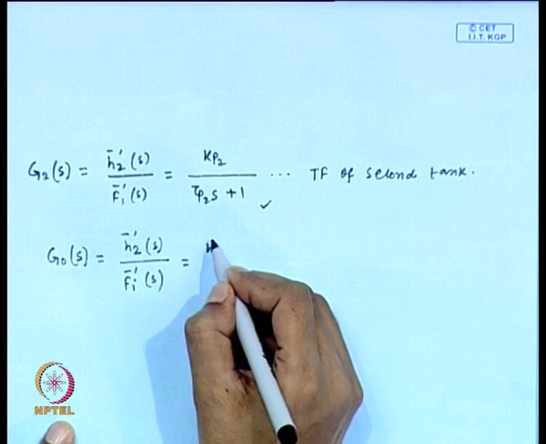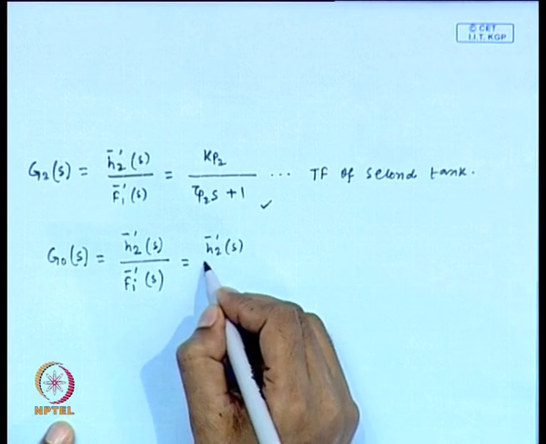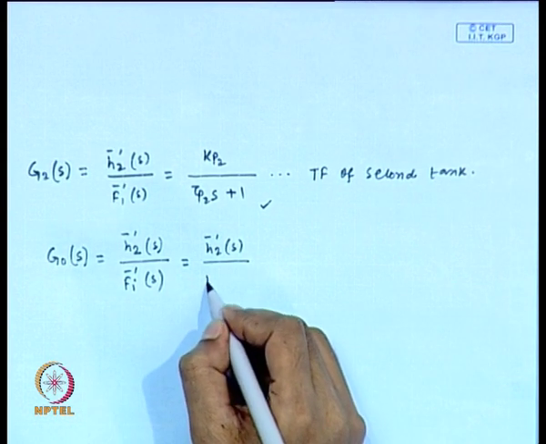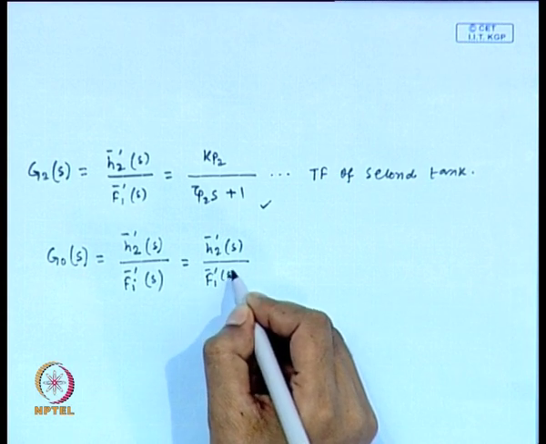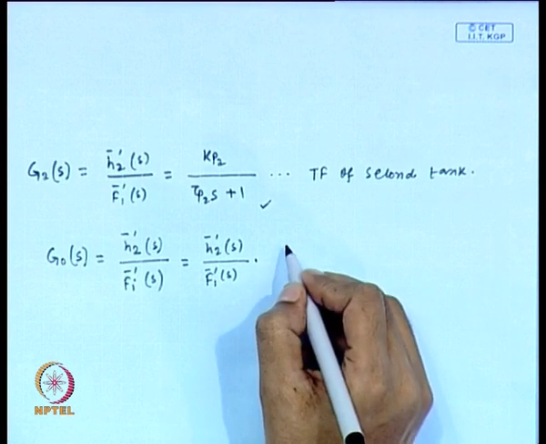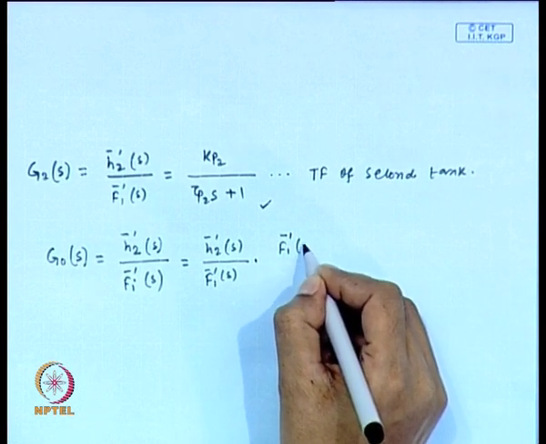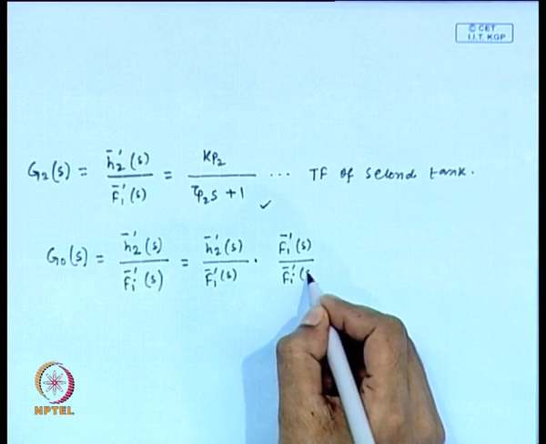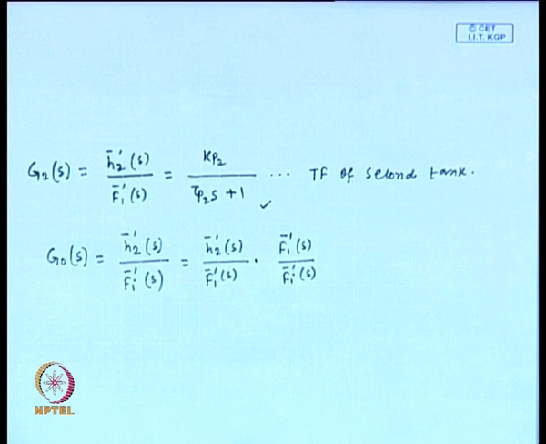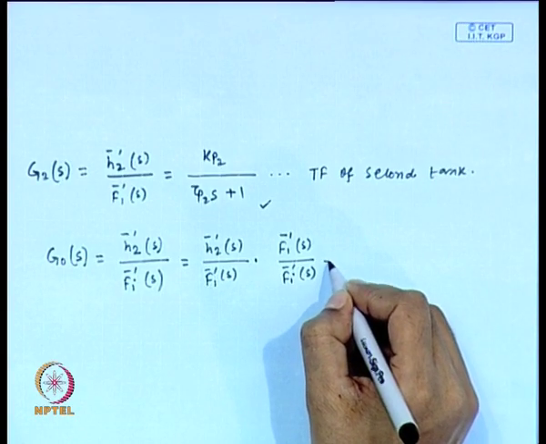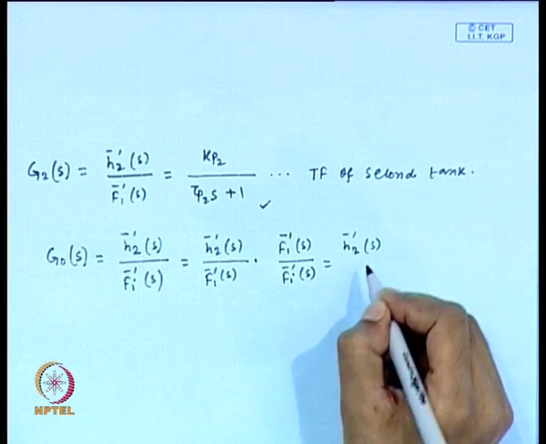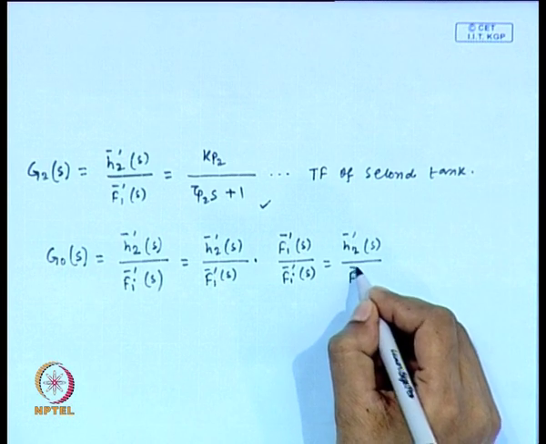Now, we can write again the overall transfer function by this form: H2 bar prime(s) divided by F1 bar prime(s) multiplied by F1 bar prime(s) divided by Fi bar prime(s). Can we write this? The overall transfer function we can write in this form. So, this is equal to H2 bar prime(s) divided by F1 bar prime(s).